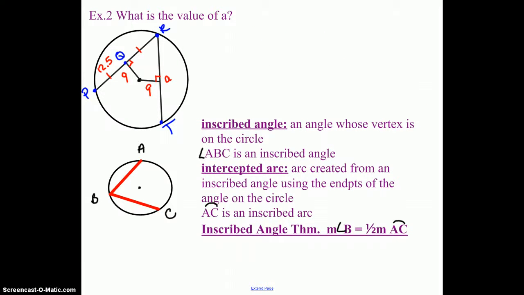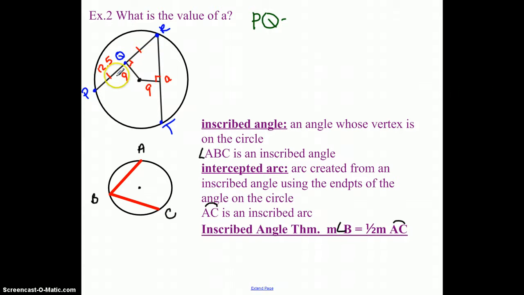Okay, now, this is a piece that you're going to see something like on the exam. They want us to find the value of A. Now, on this one, a big piece of information for us is that these chords, PR and RT, are both the same distance from the center. That means that PQ is going to have to give us some information.